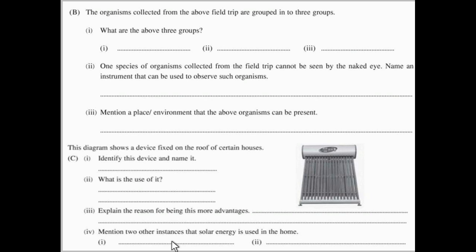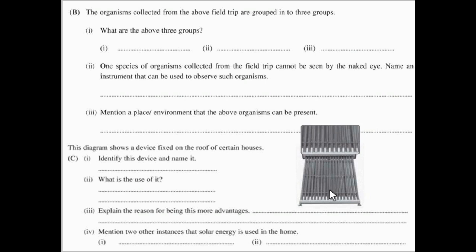Solar energy is used to dry our clothes. Solar energy is used to dry various types of spices. Various types of spices can be dried by using solar energy.